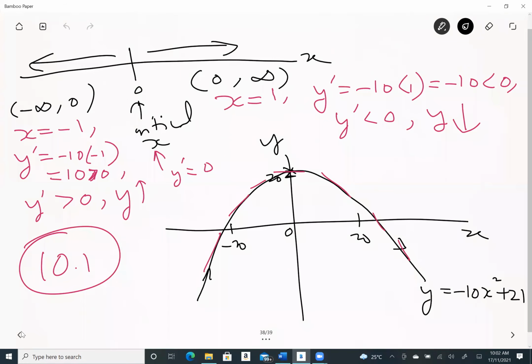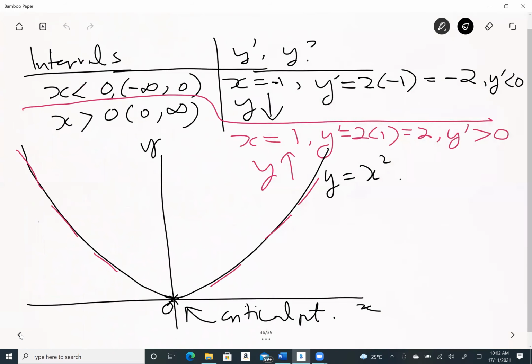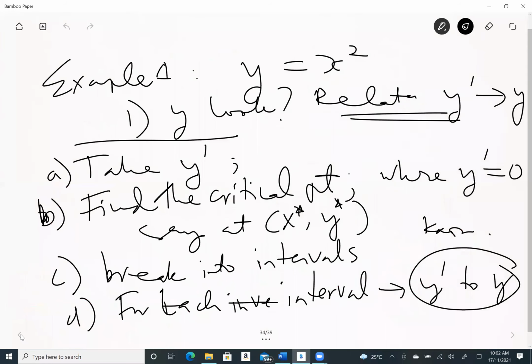So what we were doing last time is, in order to determine whether the curve has a maximum or minimum, first you take the y prime. The steps are already written here. I will add the purpose.